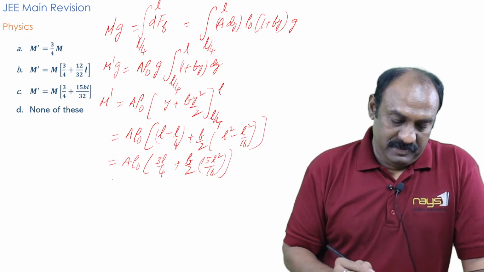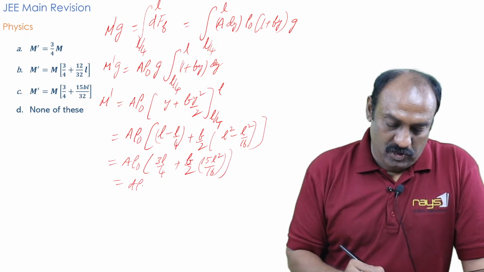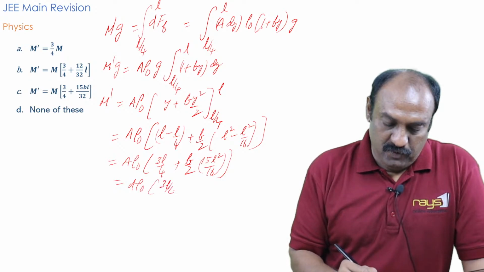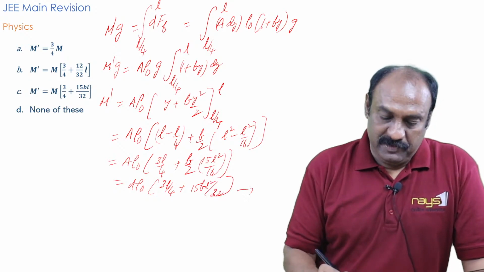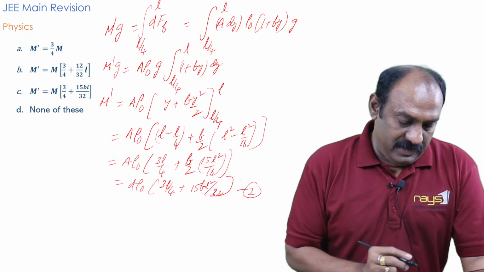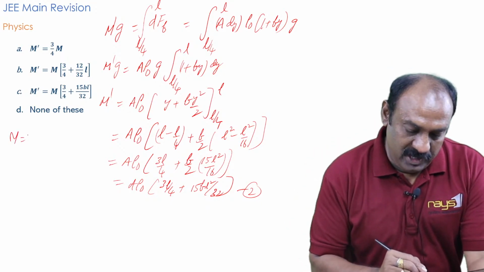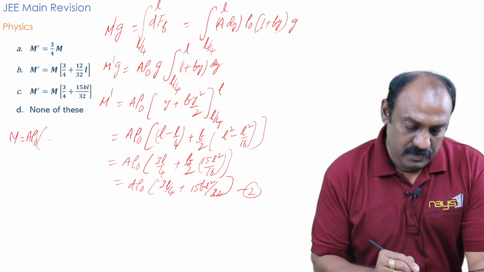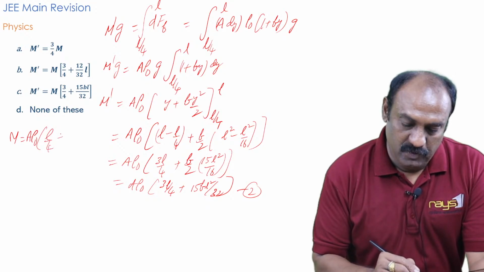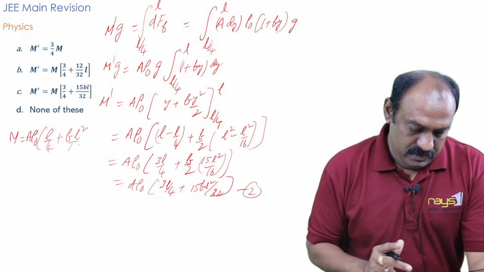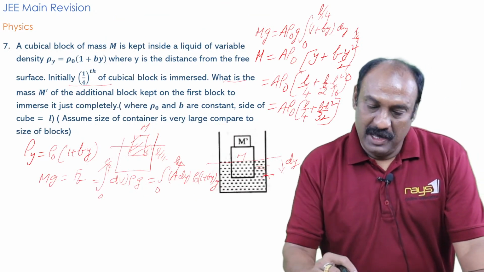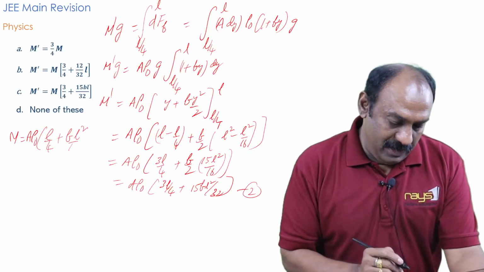So m dash is equal to a rho naught into (3L by 4 plus 15 b L square by 32). It is equation 2. From equation 1, what is the m value? m is equal to a rho naught into (L by 4 plus b L square by 32).